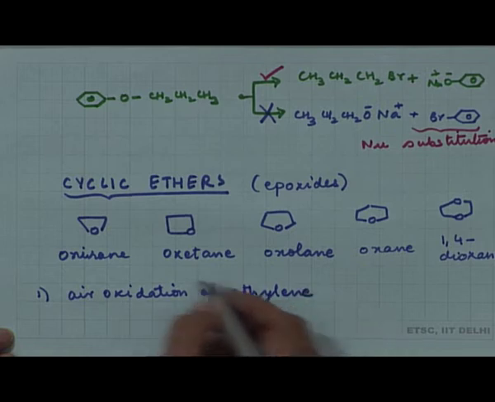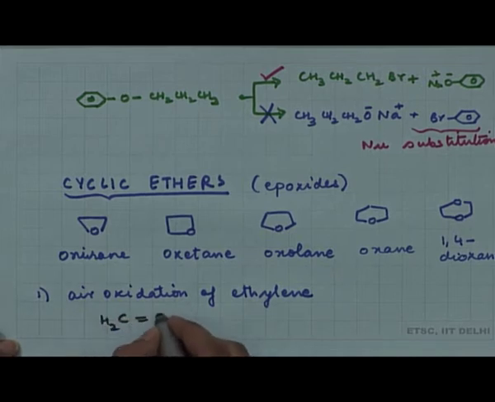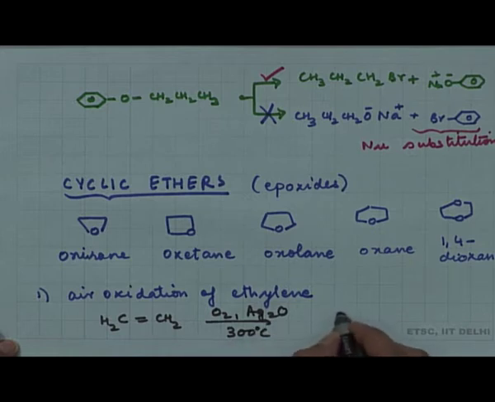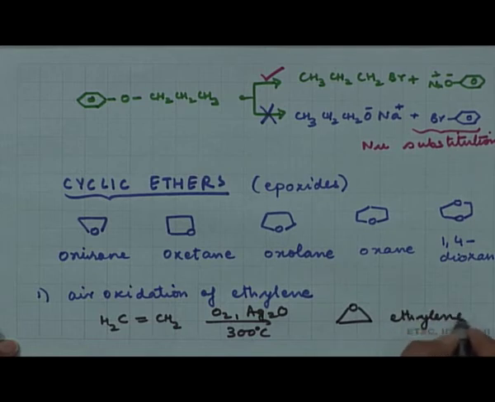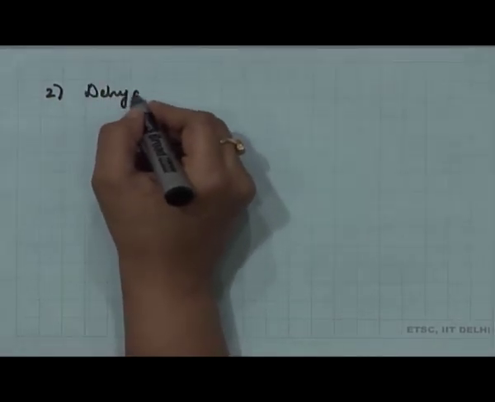When you want to prepare a 3-membered oxirane type of ring, the simplest way is you carry out the aerial oxidation of ethylene or ethene in the presence of silver oxide as the catalyst at 300 degrees centigrade, when you get the corresponding ethylene oxide as your product. Okay. Another method for making the larger cyclic ethers would be by dehydration of diols.